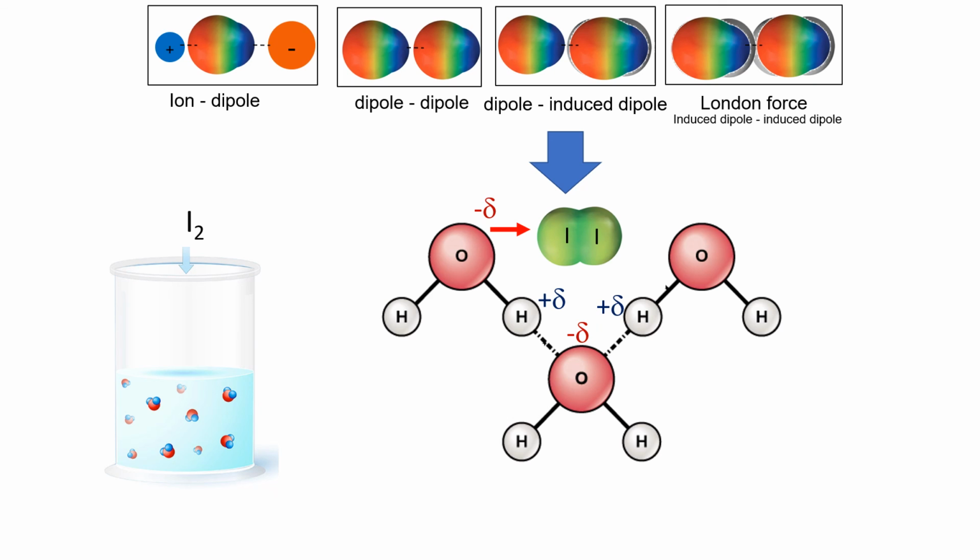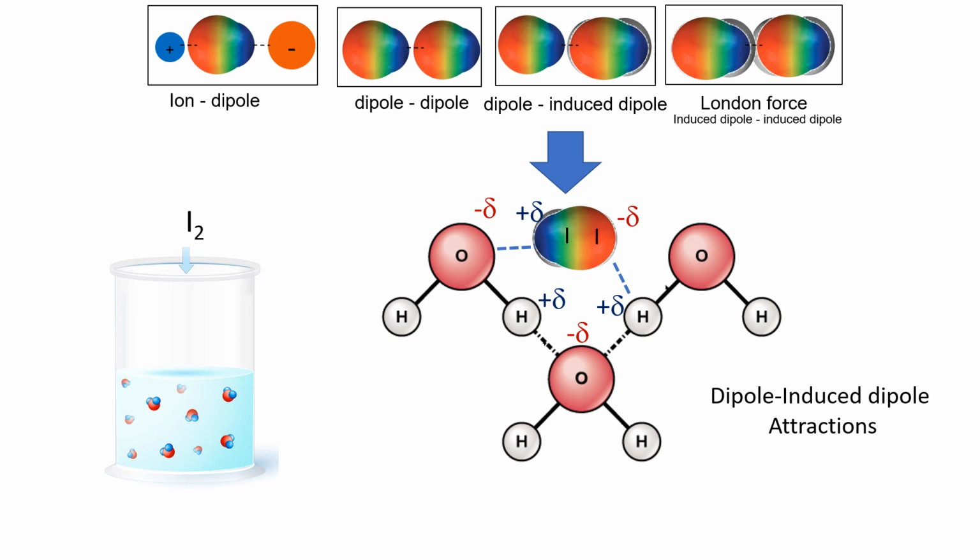However, when the negative end of water comes close to the iodine molecule, it can induce a dipole. Then this induced dipole contains a negative end and a positive end. Therefore, there may be a new attraction between these two. We call these dipole-induced dipole attractions.